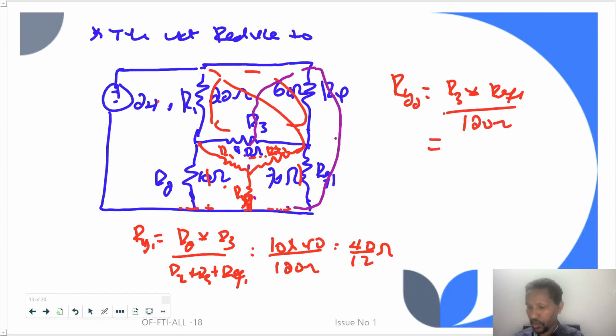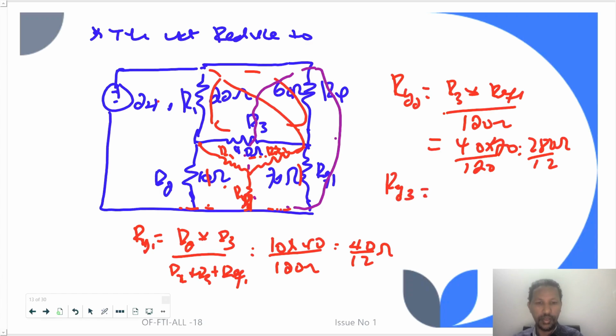So we have 40 times 70 over 120 ohm, which equals 280 over 12 ohm. Similarly, RY3 equals R2 times R equivalent 1 over 120 ohm, which is 10 times 70 over 120, which equals 17 over 12.